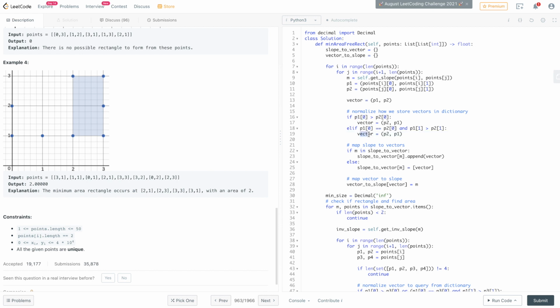We store this vector into a dictionary, and we also point the vector itself to the slope that we obtained.